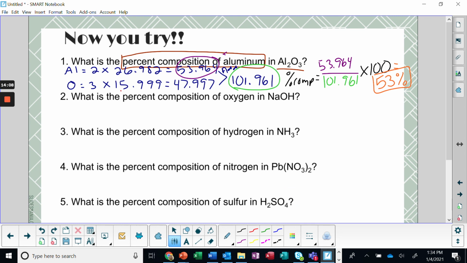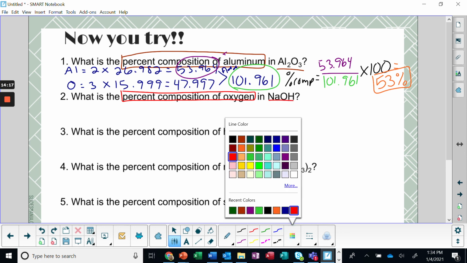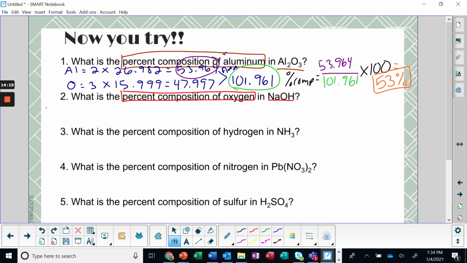Read our problem. I want the percent composition of oxygen in sodium hydroxide. List out our elements. I'll make room for hydrogen there. We have 1 of each of these times the mass.